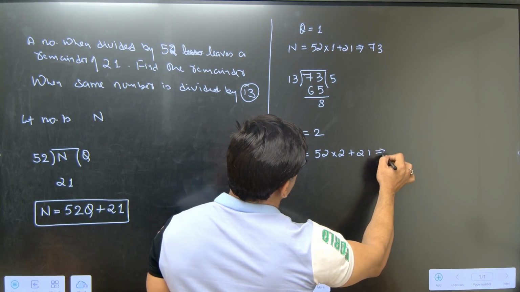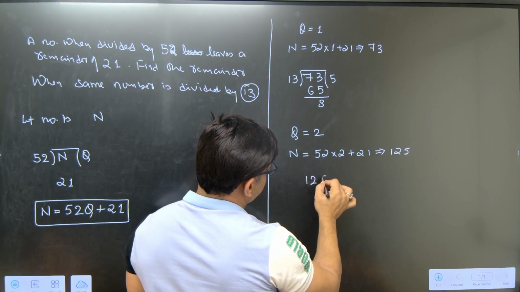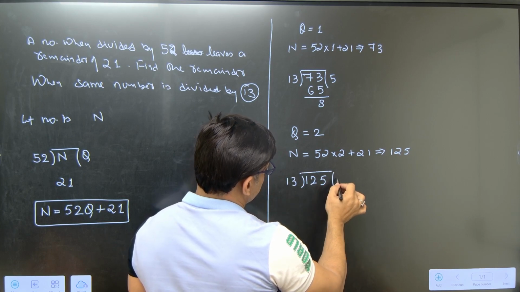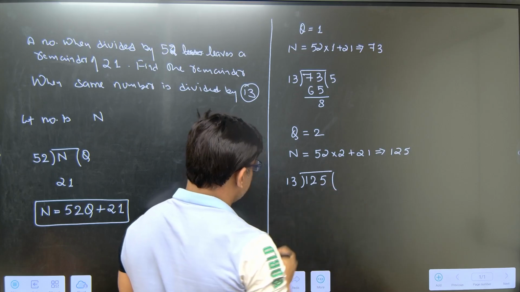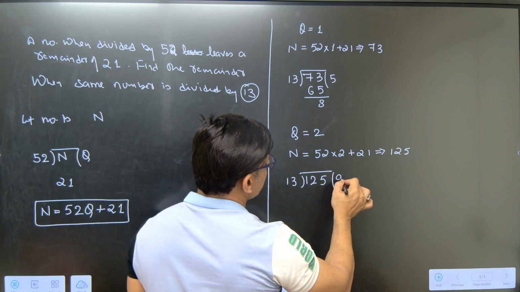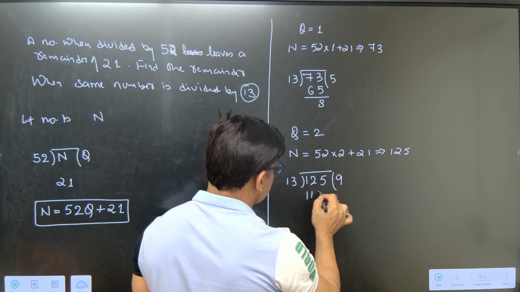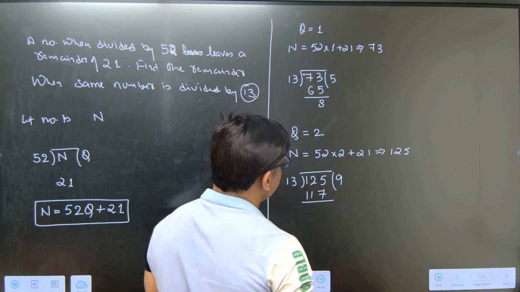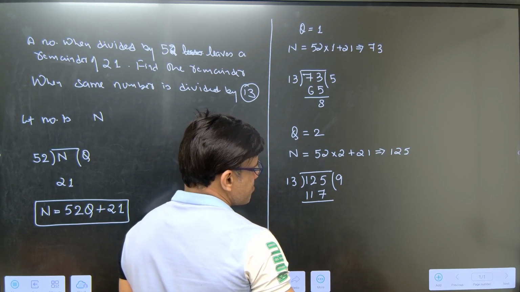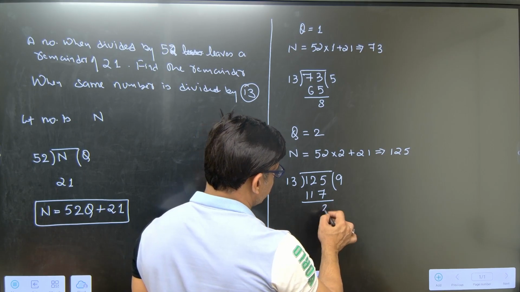So now the number is 125. Again divide 125 by 13. 13 nines are 117. What is the remainder? 125 minus 117, that is 8.